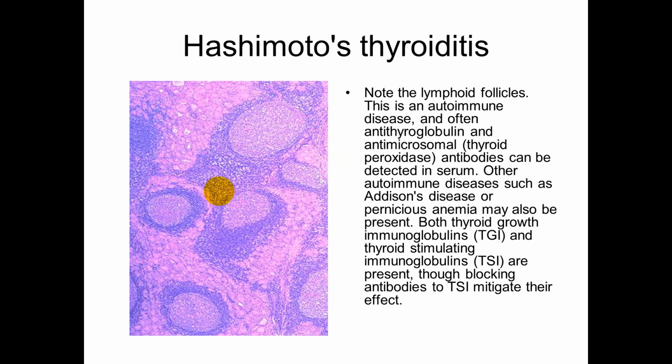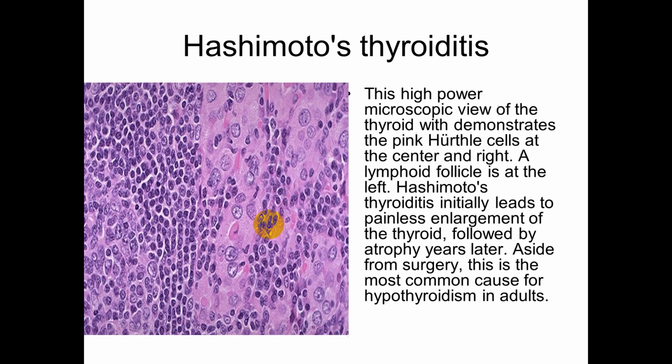Other autoimmune diseases such as Addison's disease or pernicious anemia may also be present. Both thyroid growth immunoglobulins and thyroid-stimulating immunoglobulins are present, though blocking antibodies to thyroid immunoglobulins mitigate the effect.